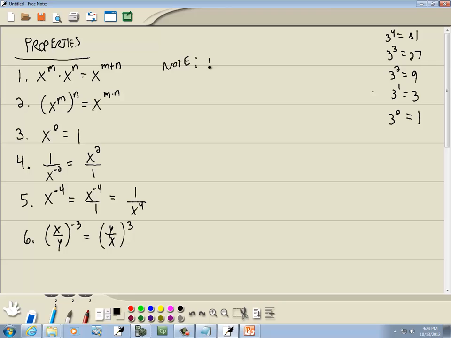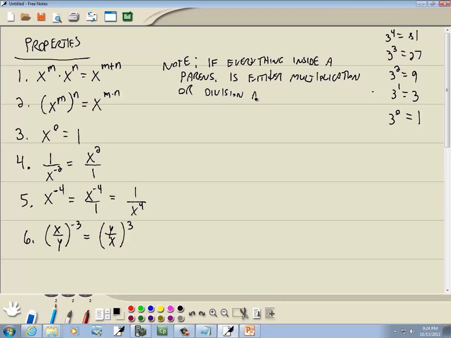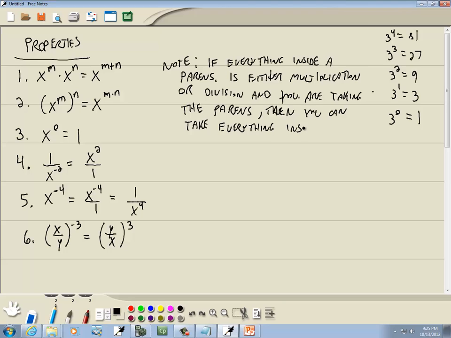Now we had a note here that said if everything inside of parentheses is either multiplication or division, and you are taking the parentheses to a power, then you can take everything inside the parentheses to the power.